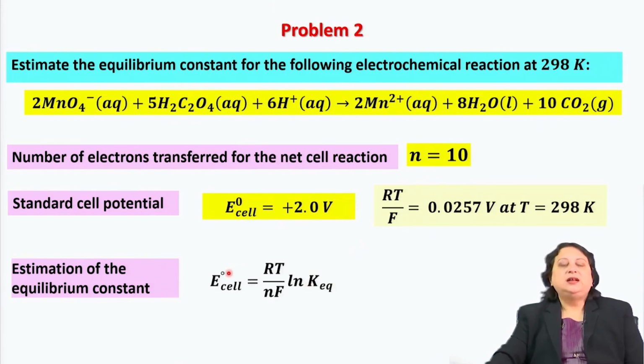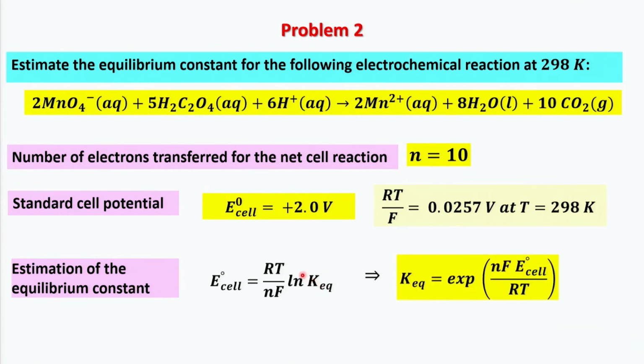Why? Because we know that E naught cell is RT by NF logarithm of K equilibrium. Therefore, using this log to the base e expression, I can find K equilibrium as exponential of NF into E naught cell divided by RT.